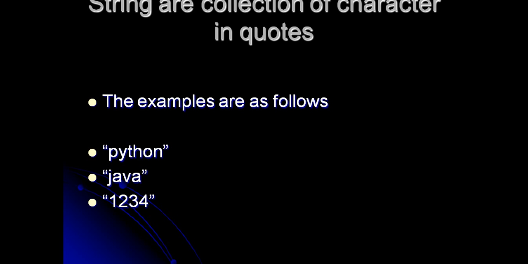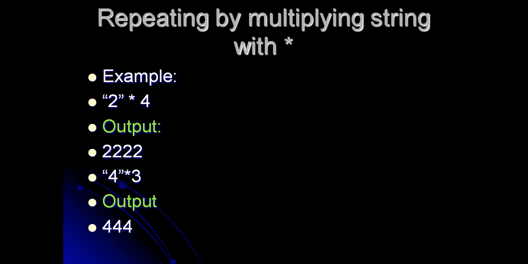As I am using Python 2.7, you can give single quotes. If you are using a higher version like 3.7, then you have to give double quotes. And you can repeat the string by using the multiplication operator.